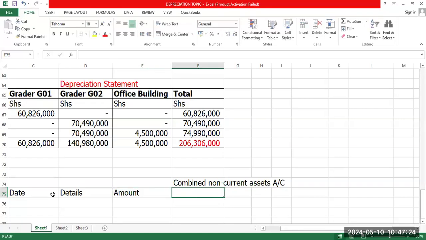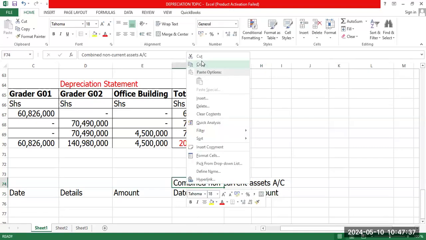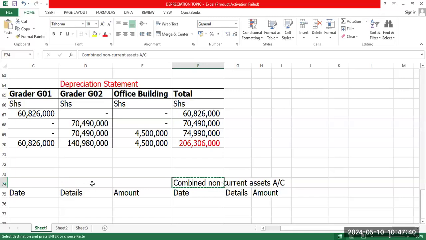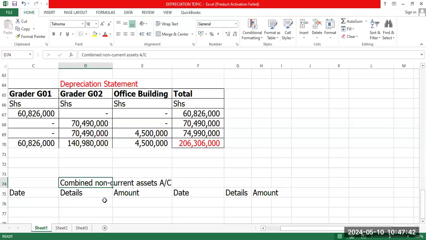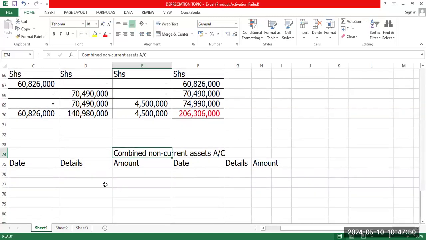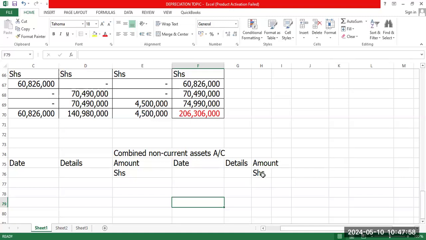Then on credit, details, then amount. Remember, each account must be having a debit side and a credit side. So here I have shillings. I have also here shillings. Once I draw the first one, others will not waste time. We'll just be copying and pasting.